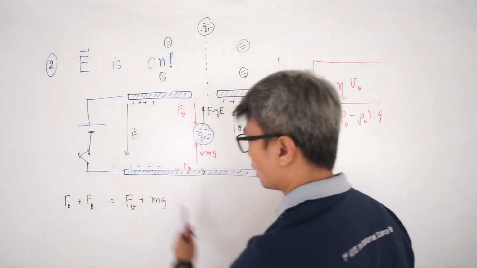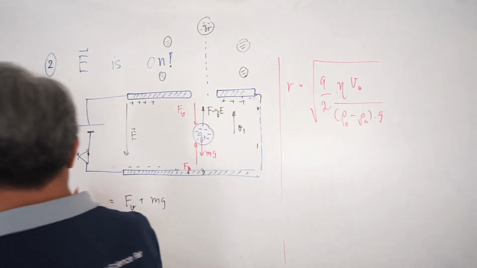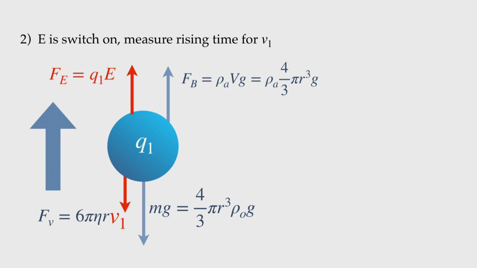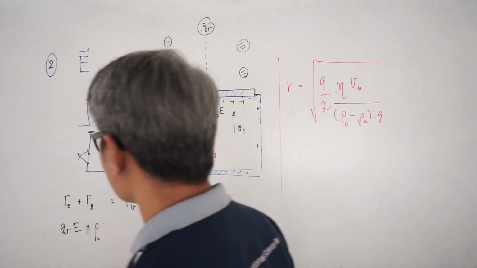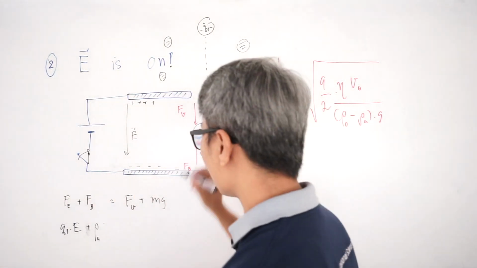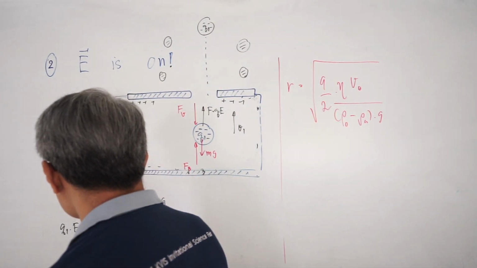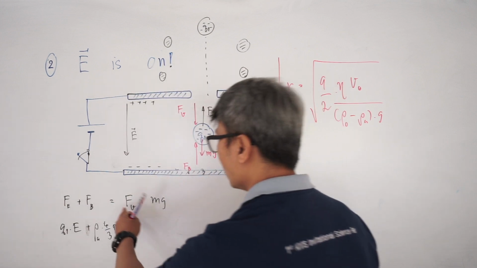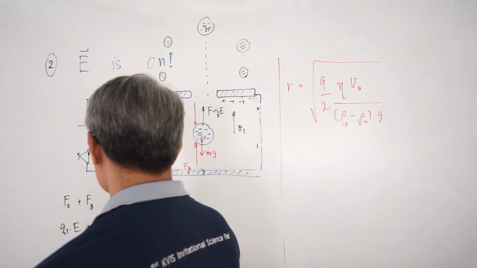From this stage, you should be able to write down that the force from the electric field is equal to Q1 multiplied by E. The buoyant force should be the density of the fluid, in this case the density of air, multiplied by the volume of the object. It should be 4/3 multiplied by pi multiplied by r cubed, the volume of the sphere, multiplied by g.